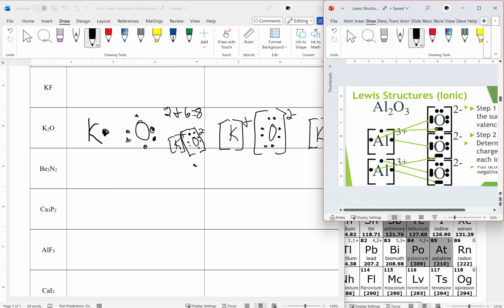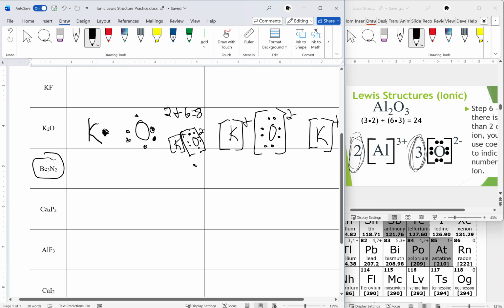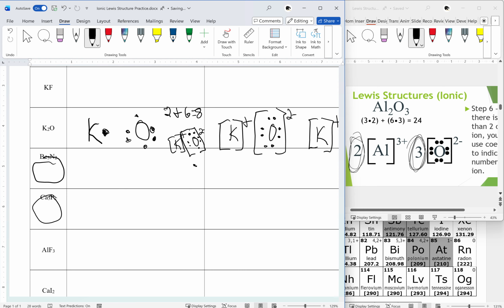You could draw all 5 of those ions, or you could put it together and use coefficients. These coefficients tell you how many of each ion there is. You could arrange it like that for these, like Be3N2, there's 3 berylliums. You can do it however you choose, but that's how you'll do this assignment.